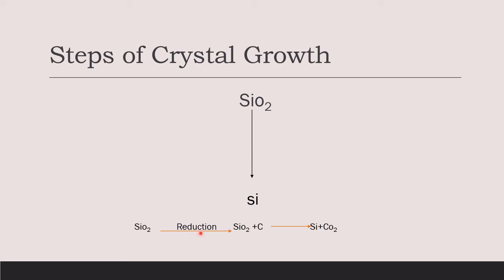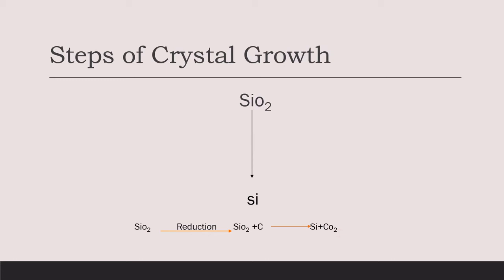The most common reduction process is called the carbothermic reduction process, which we apply here, where SiO2 reacts with carbon to form silicon plus carbon dioxide. This silicon is in polycrystalline form.